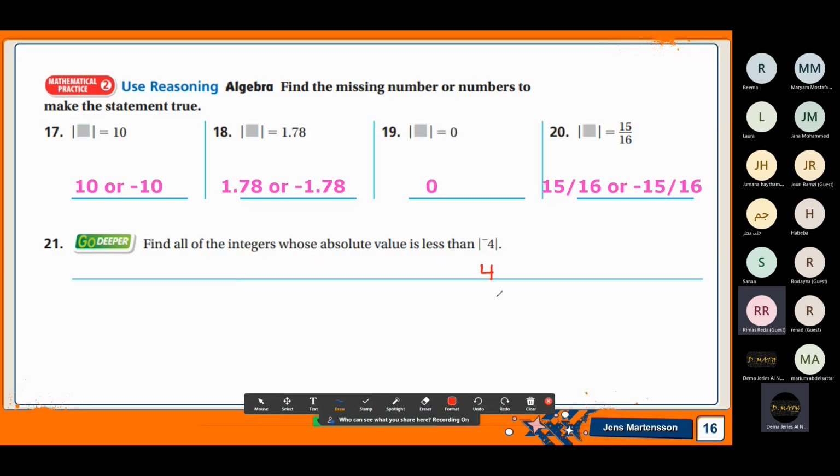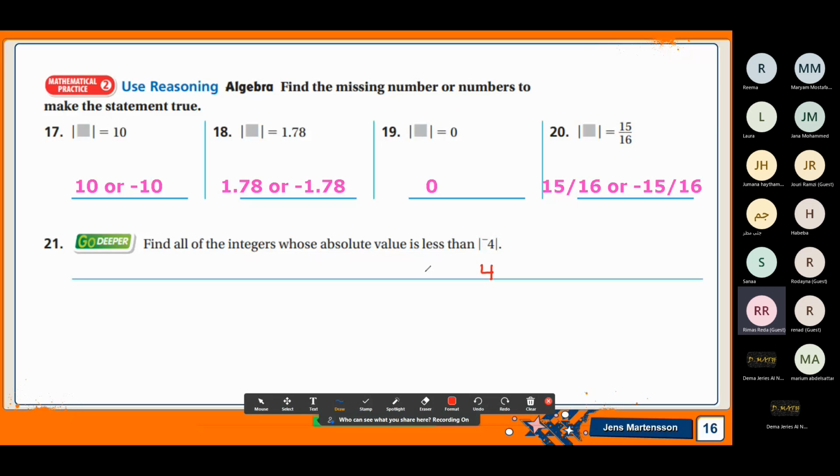First of all, what are the numbers that are less than 4? Negative 5, negative 6, negative 7. No. I want just a minute. What is the absolute value which is less than 4?